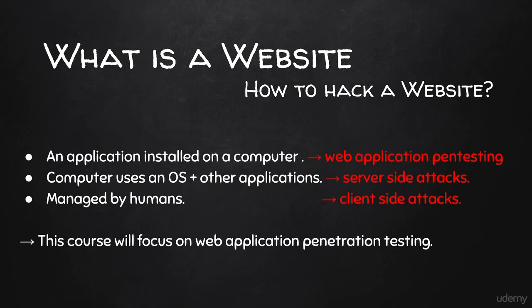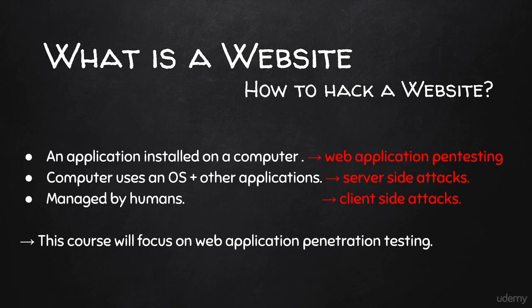So maybe the website is very secure and the server is very secure and there's no way that you can get in, but you can always exploit the humans using social engineering attacks and client-side attacks to gain control or hack one of the people that manage that target website and then maybe gain access to it.